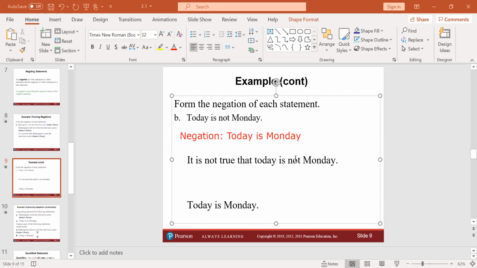So the nots kind of cancel each other out, kind of. And so the real thing is that it is Monday. So this thing here is just saying it is Monday. So the negation of that statement, you can take away all their wordiness and just make it today is not Monday. I guess I should capitalize the M in Monday.